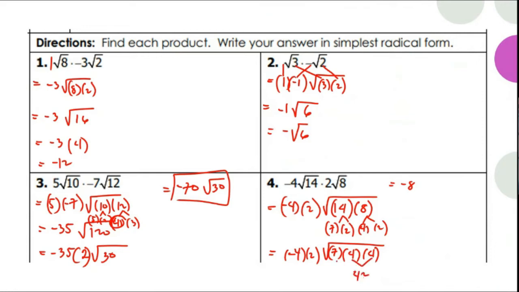The square root of 4 is 2, and the other square root of 4 is 2 as well. So 2 times 2 is 4, and 4 times negative 8 leads to the answer negative 32 square root of 7.